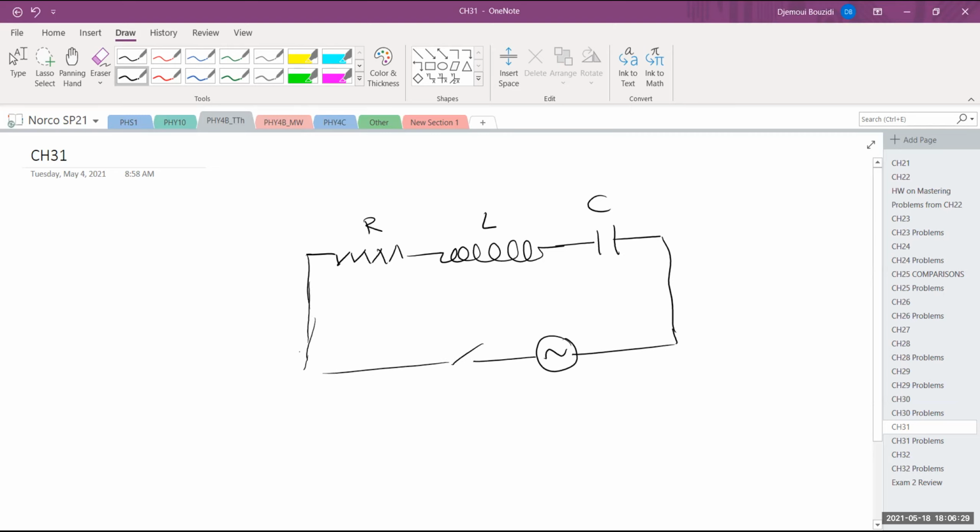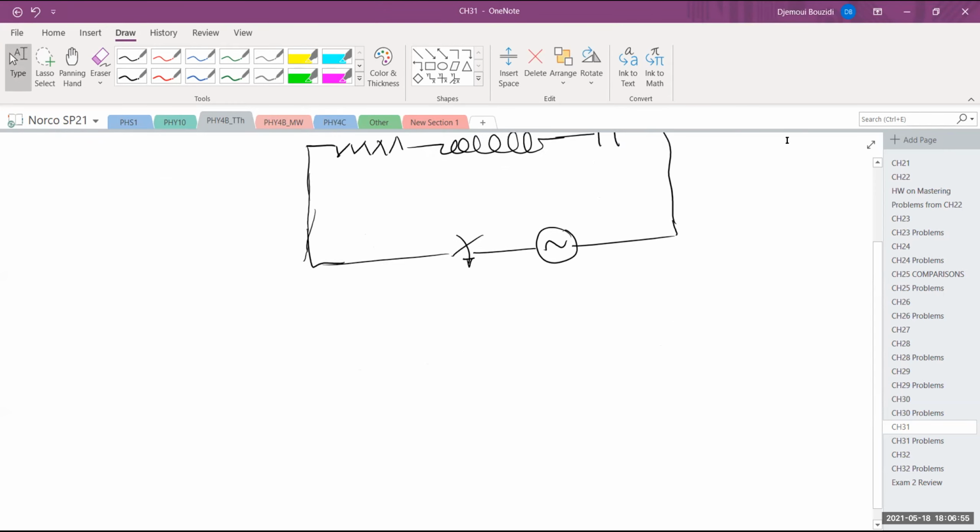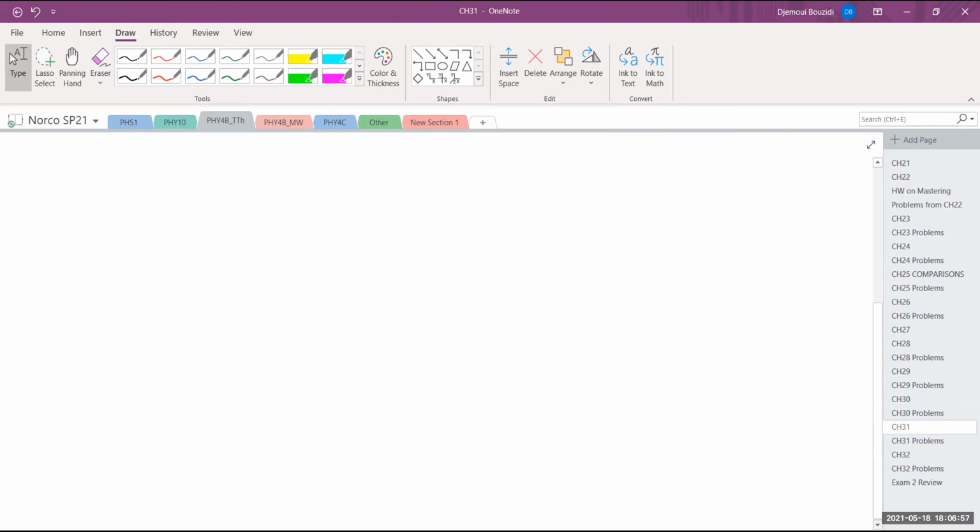Let me show you how. You have a switch. So the first thing we need to introduce here, this is the RLC circuit with an AC power supply, like the wall. So let me see how we can make one.